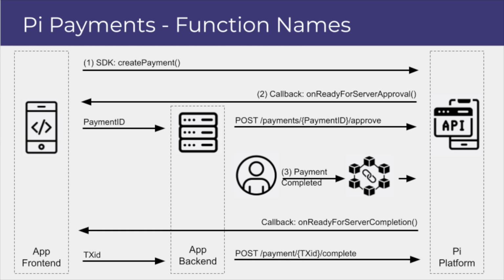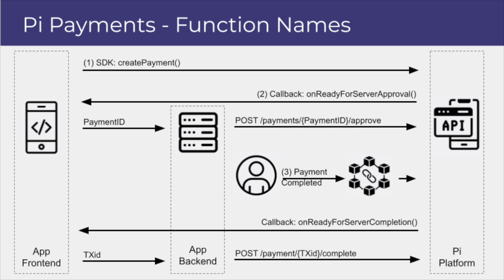And those two events are onReadyForServerApproval. And this is when we get the payment ID that we need to send back to our backend for the server-side approval step. The REST API endpoint that is used for this purpose is payment/payment ID/approve. And then the whole part where the user interaction is needed is completely out of the developer's plate.